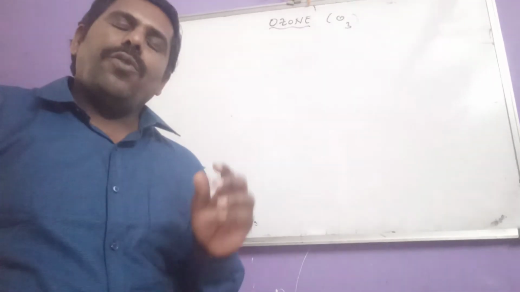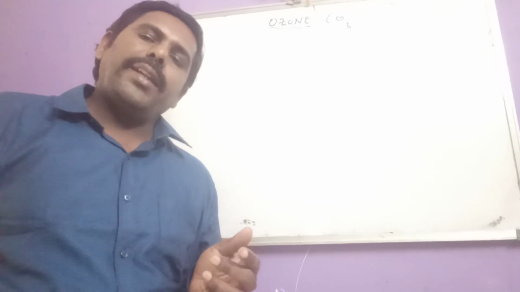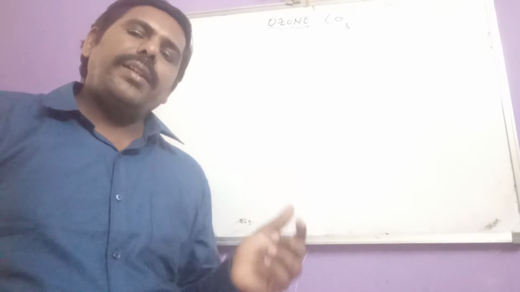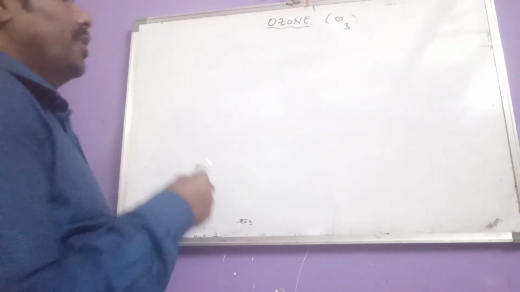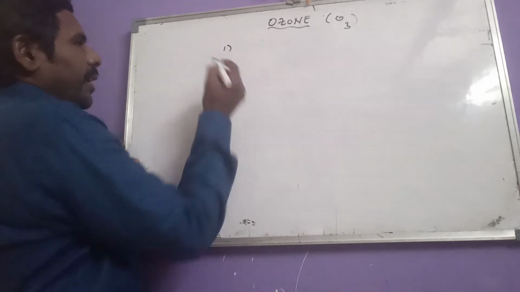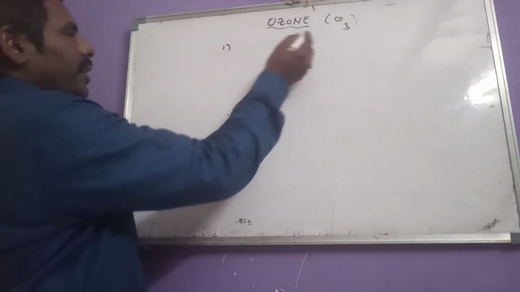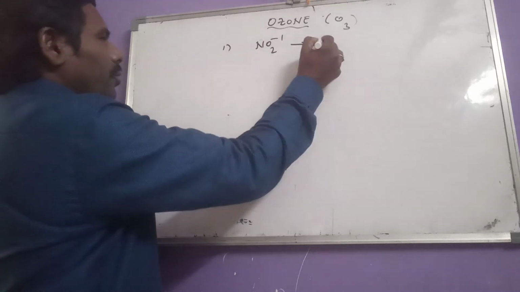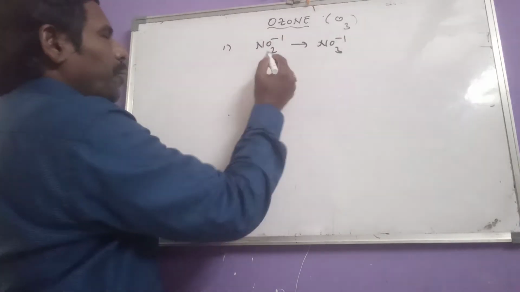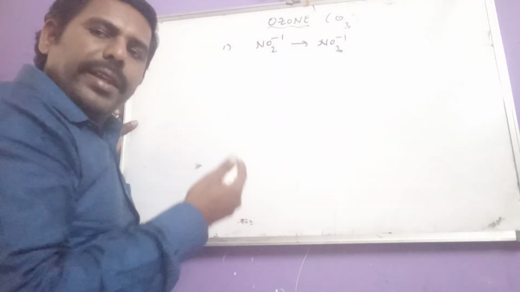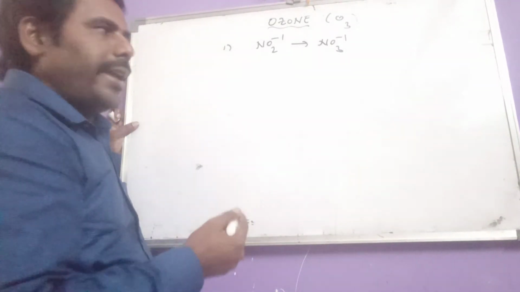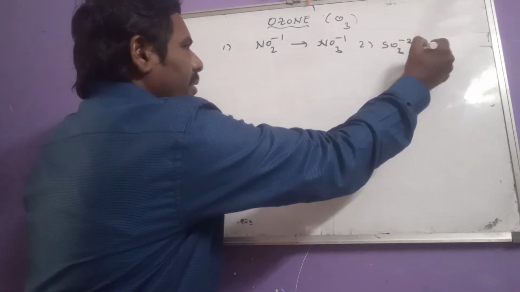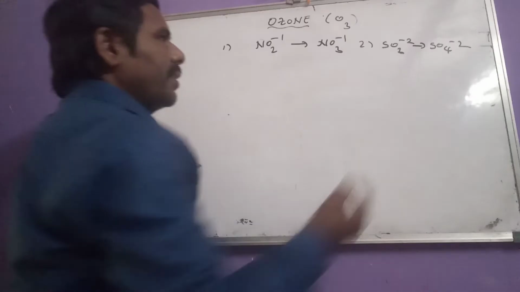After that, let us see the chemical properties of ozone. Ozone acts as both an oxidizing and a reducing agent. Let us see the oxidizing properties. First, ozone can oxidize nitrites to nitrates, that means potassium nitrite is oxidized to potassium nitrate. Sulfites are oxidized to sulfates.